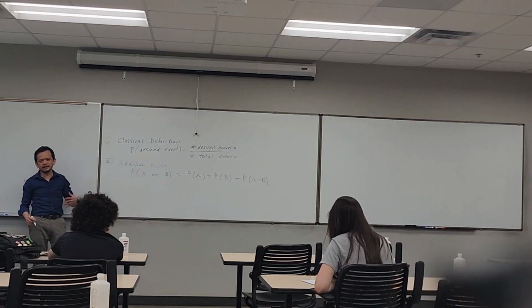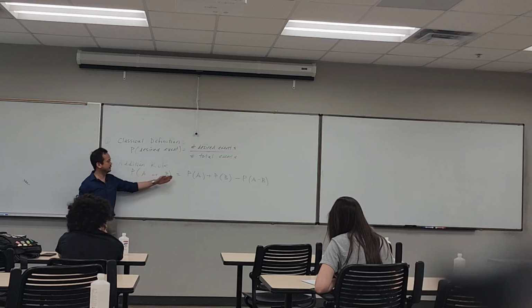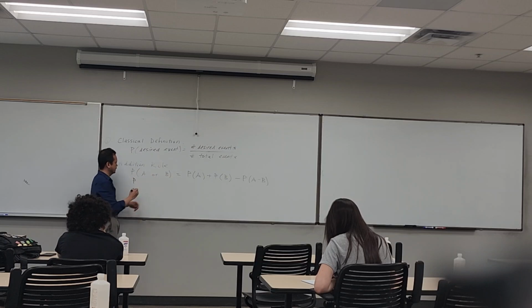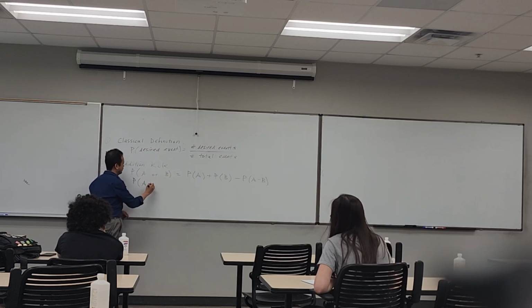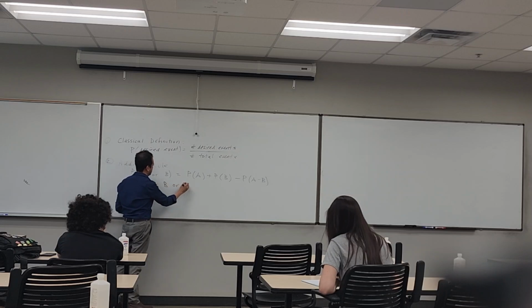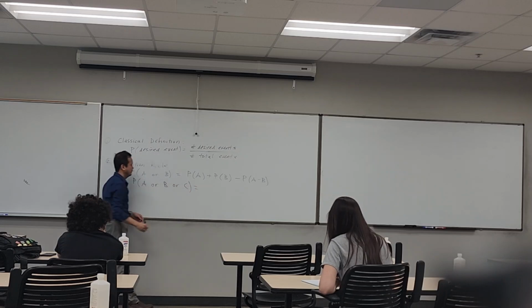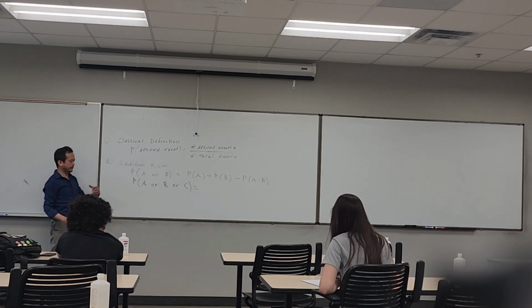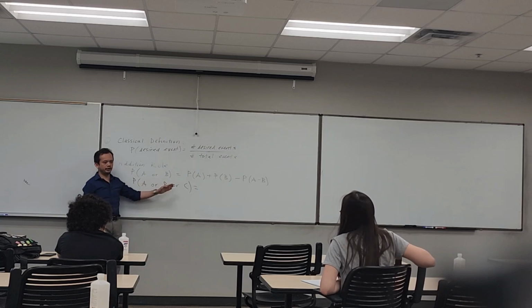So this addition rule can actually expand into any number of events that are drawn by or. So for example, instead of just 2 events drawn by or, let's see if we can generalize if we had 3 events drawn by or. Then that's going to be the probability of each individual event added together.